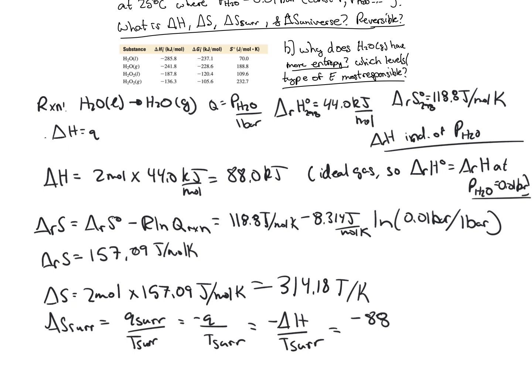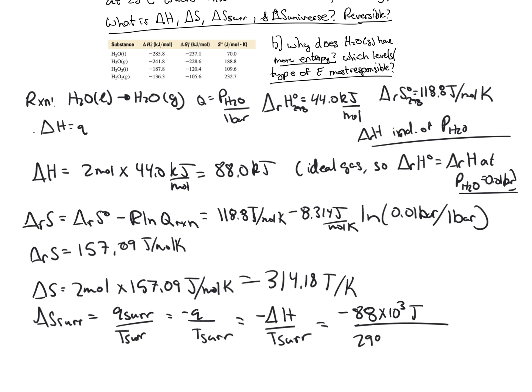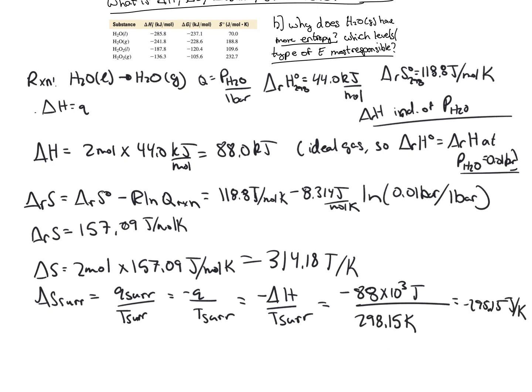So negative 88 times 10 to the 3 joules, divided by T sur, which we did this process at 25 Celsius, which is 298.15 Kelvin. When I plug that in, I get negative 295.15 joules per Kelvin.